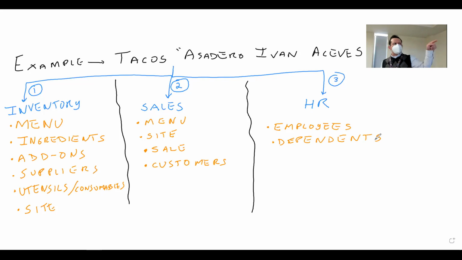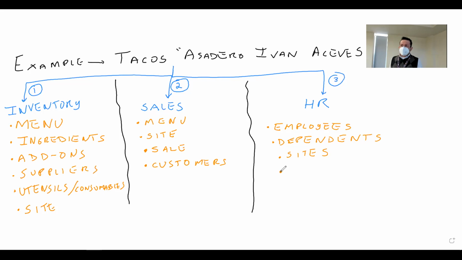What else should we include here in the HR that's maybe on the other two? The sites as well, because the employees are going to be in different sites. And I'm going to add another thing that I think is important as well.